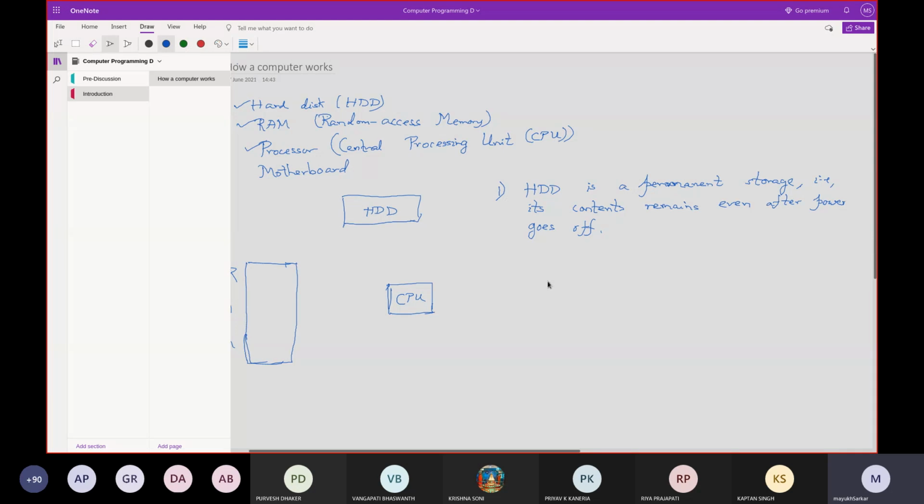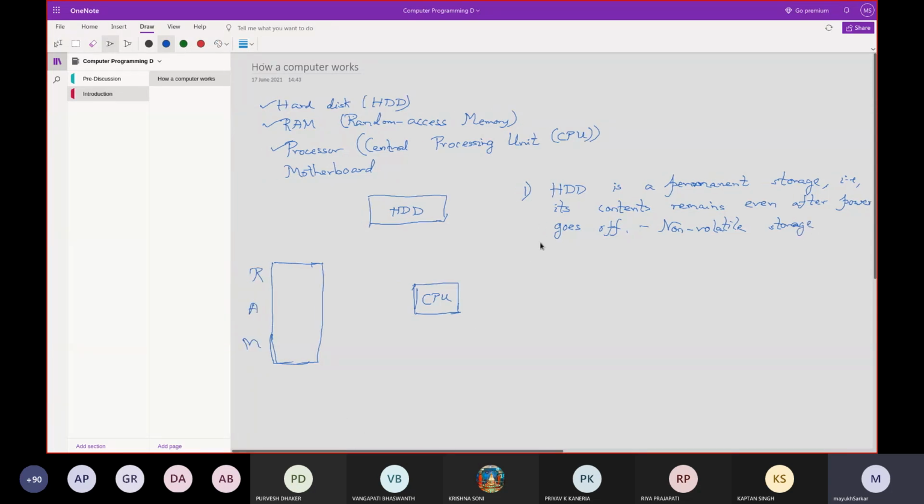Otherwise, the contents of the hard disk remain as they are. Such kinds of storage are called non-volatile storage.